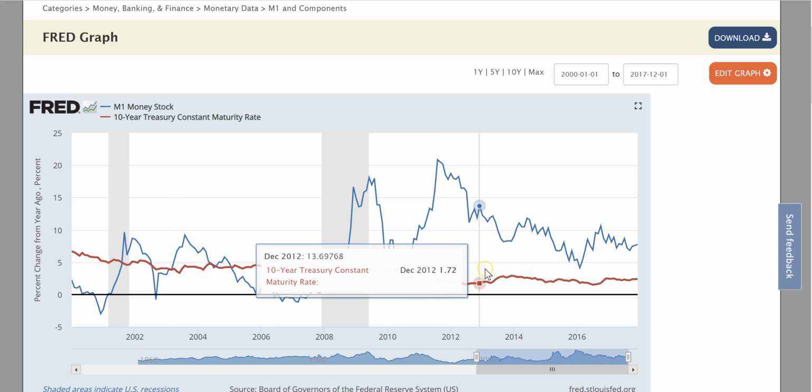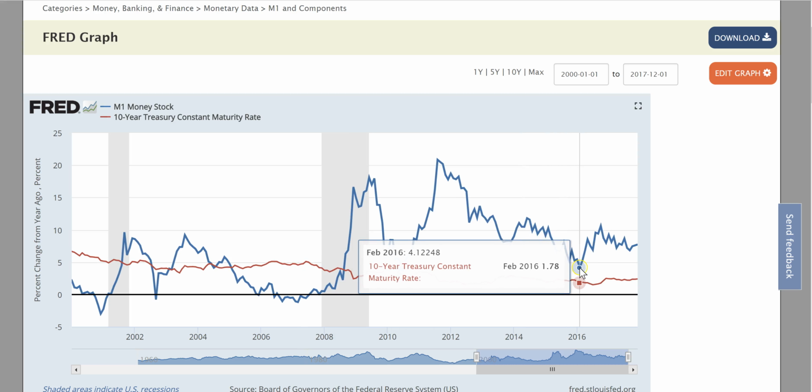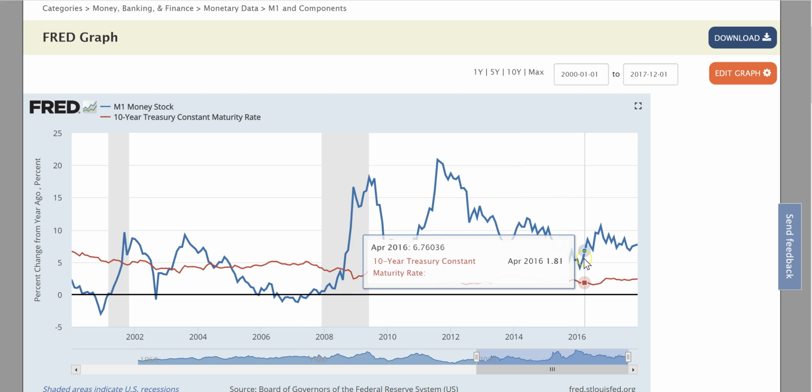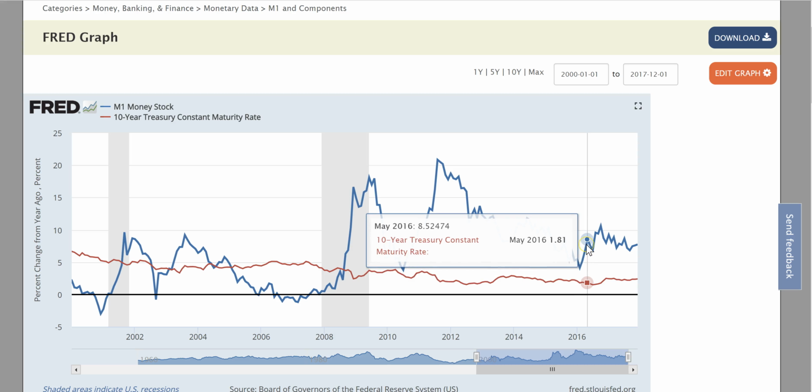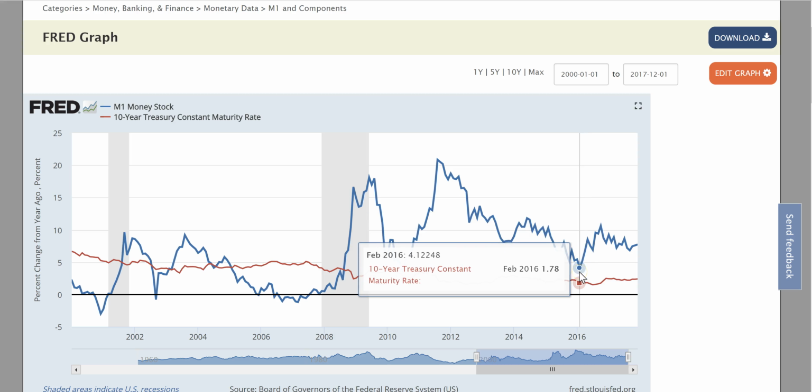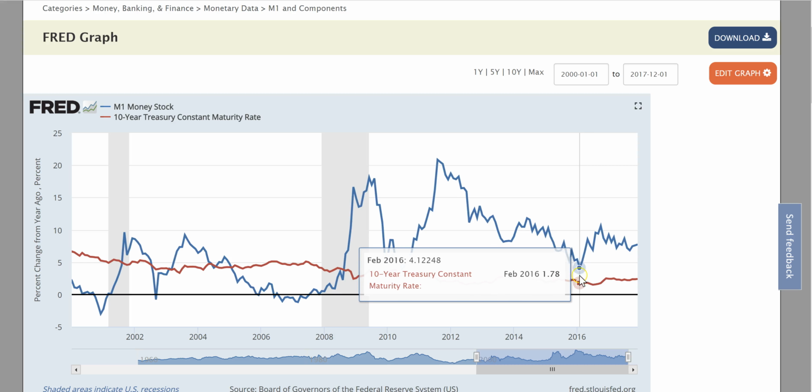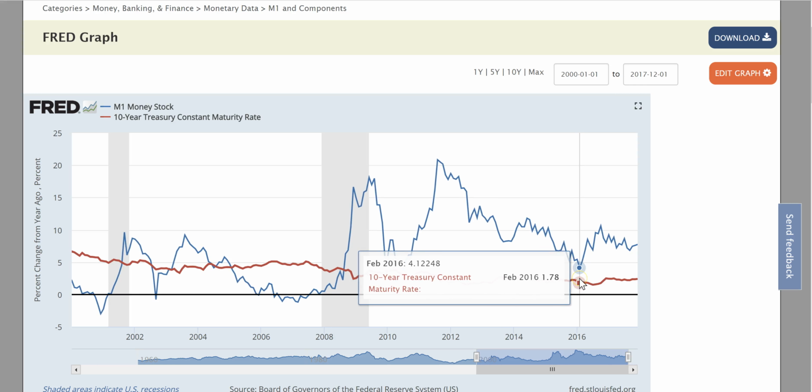What about other time periods when we have a clear pattern here? Then we have from February 2016, the money growth went up, until May 2016. So what about the interest rate? February 2016, that's 1.78, and then until May, that's 1.81.